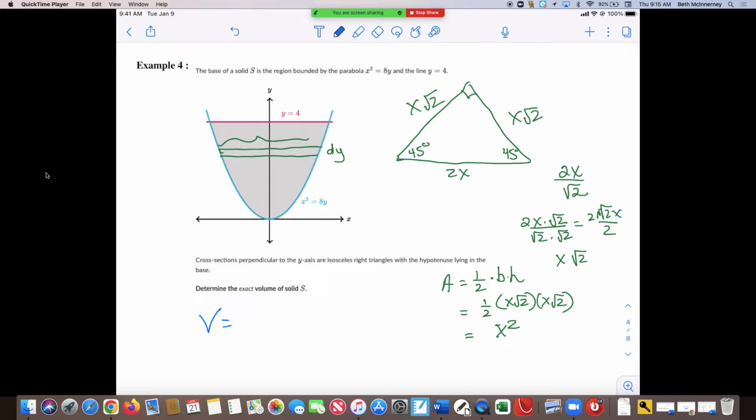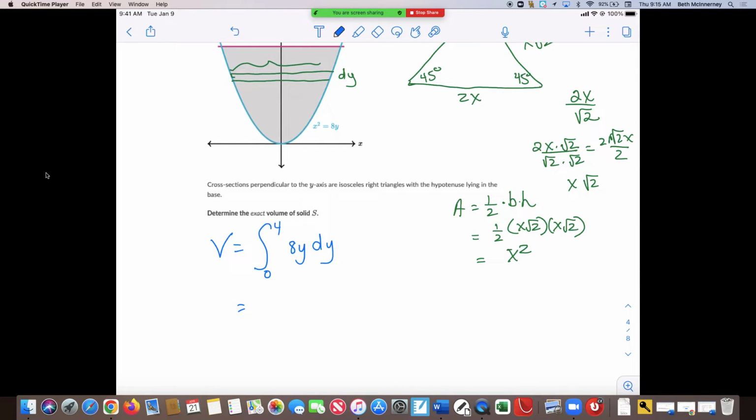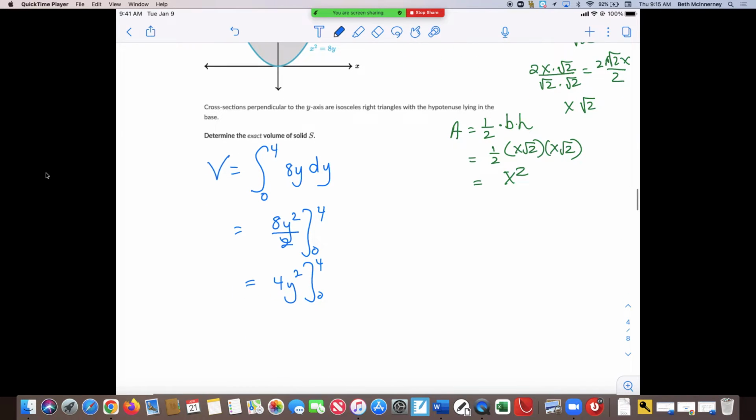If I want this in terms of y, because my thickness is dy, what is x squared equal to? 8y. That was not too bad. So I'm going 0 to 4 of 8y dy. You increase the power by 1 and divide by that new power. So isn't that 4y squared? So that's 4 times 4 squared minus 4 times 0 squared. And I heard somebody say 64. That is correct.